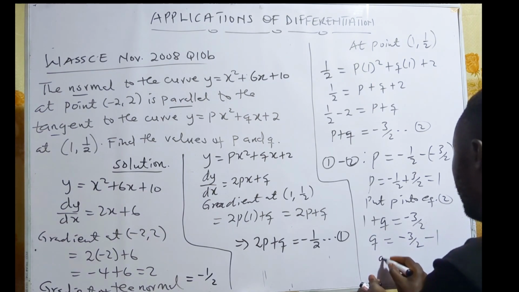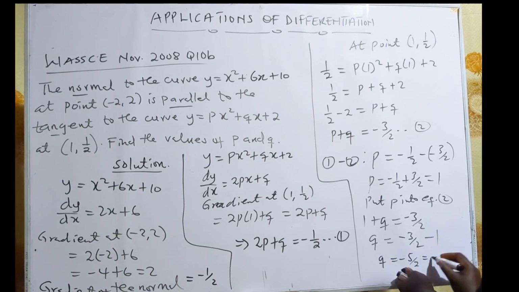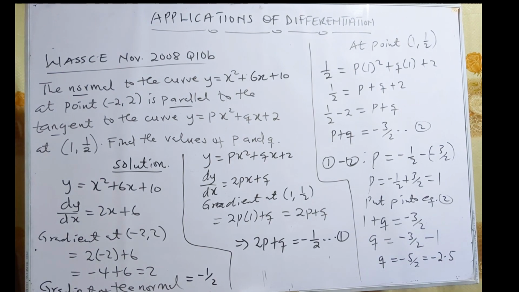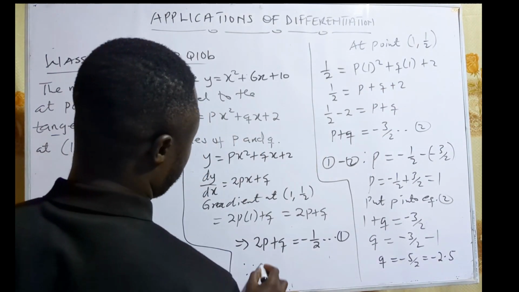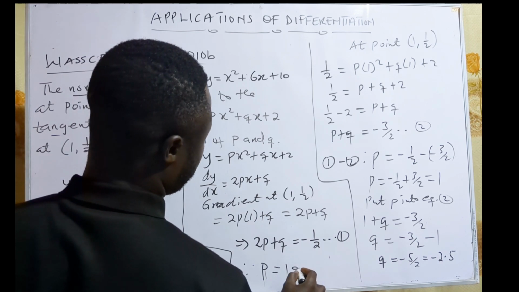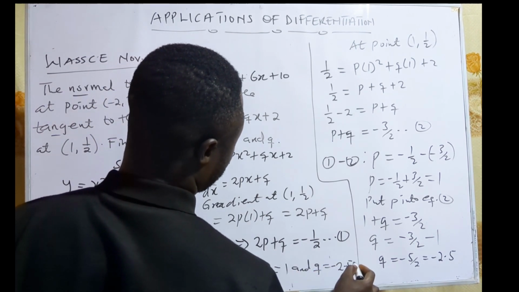So my q is minus 5 on 2, which is the same in decimal as minus 2.5. So I can say that therefore p is 1 and q is minus 5 on 2.